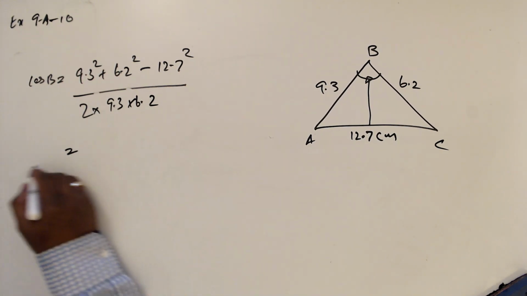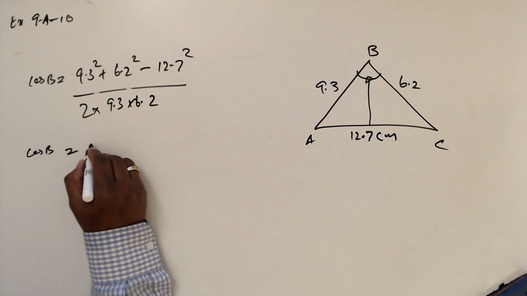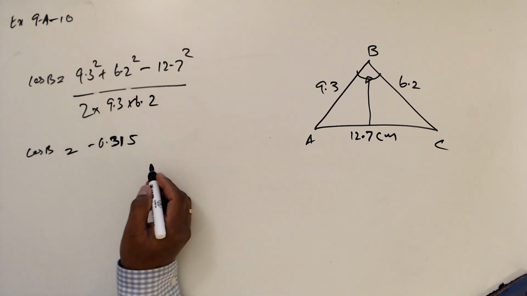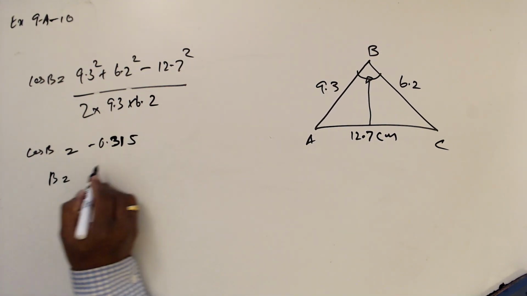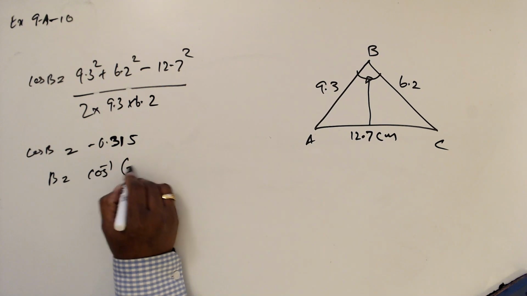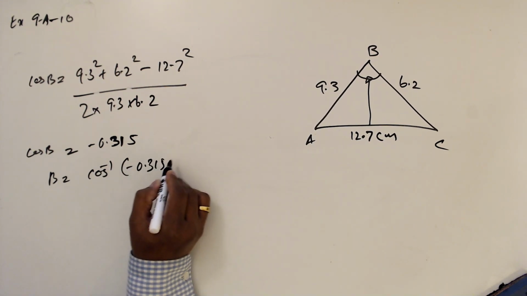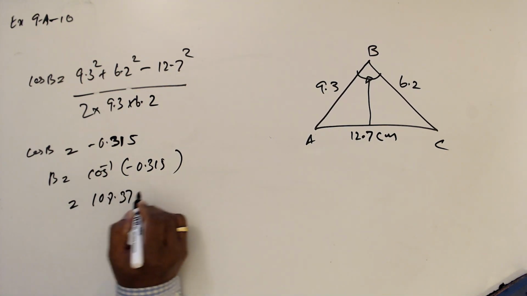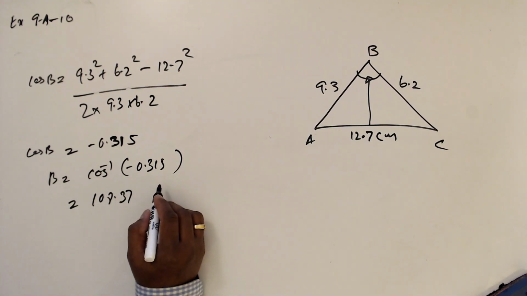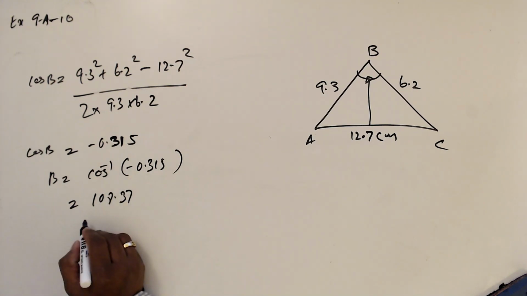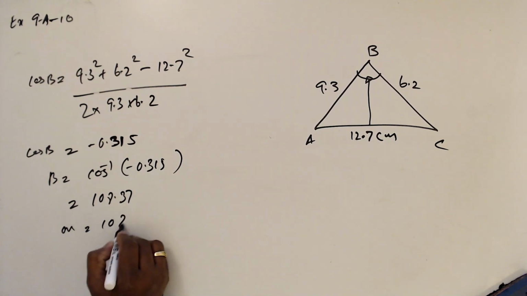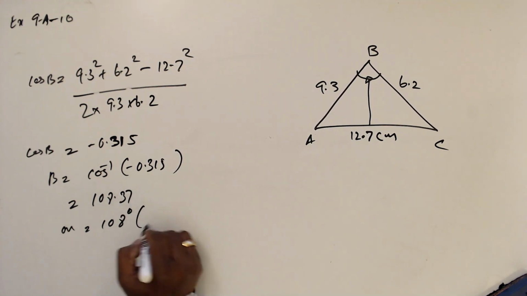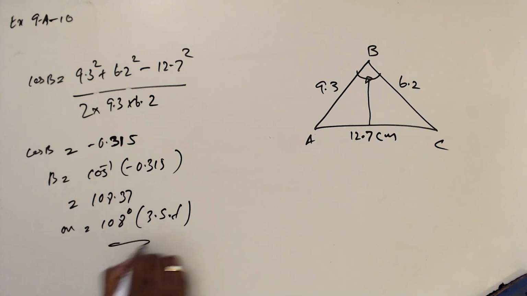This is equal to minus 0.315, and B equals cos inverse of minus 0.315, which is 108.37, or 108 degrees to 3 significant figures.